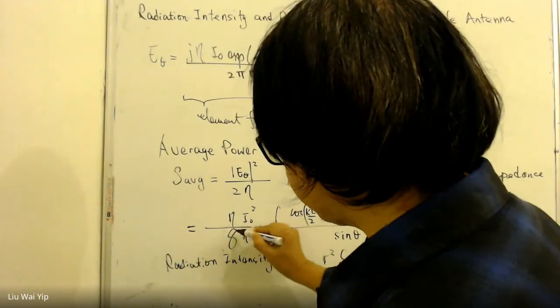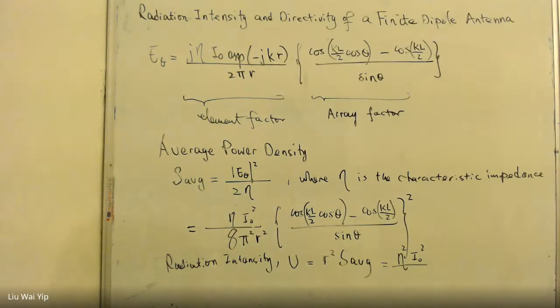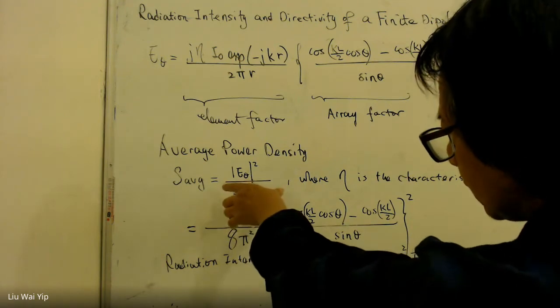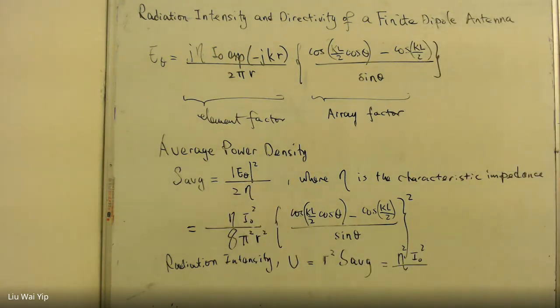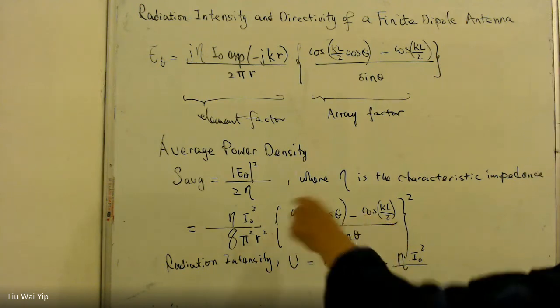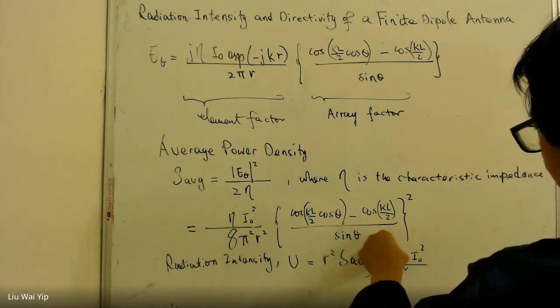So 8 pi squared. This is the result from direct inspection. And we also need to make use of this formula to calculate the intensity.